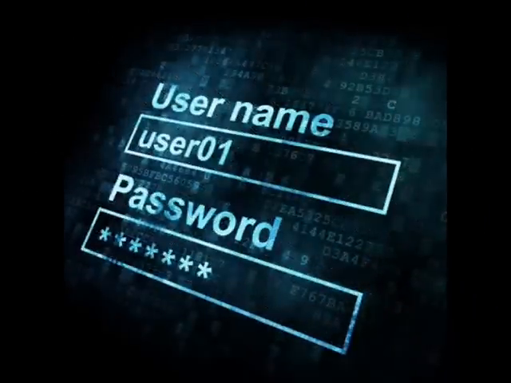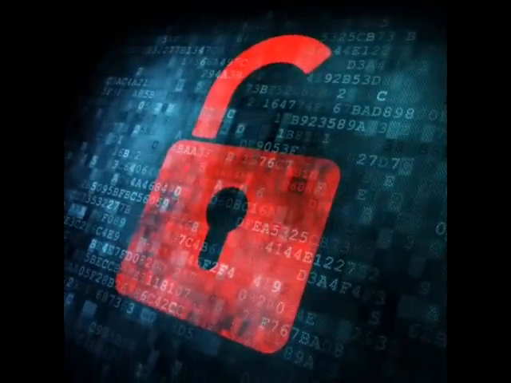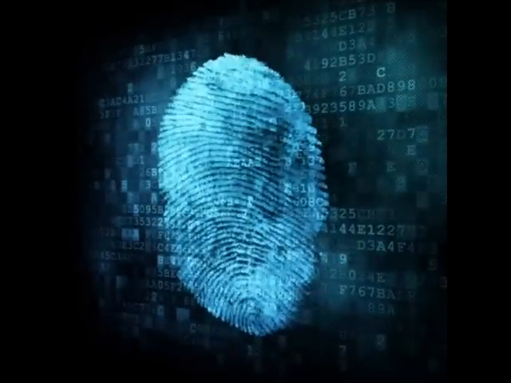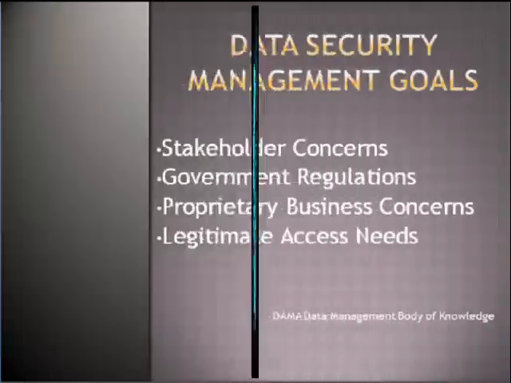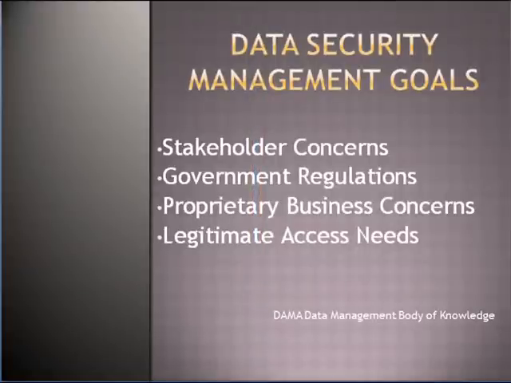To summarize, the ultimate goal of data security management is to protect information assets in alignment with privacy and confidentiality regulations and business requirements. These include stakeholder concerns. Organizations need to recognize the privacy and confidentiality needs of their stakeholders. That includes their clients, patients, students, citizens, suppliers, or business partners. Government regulations.